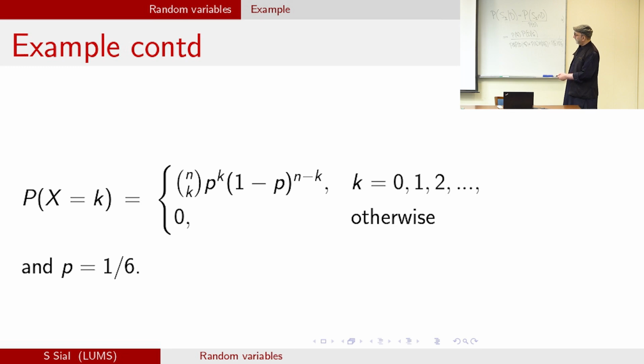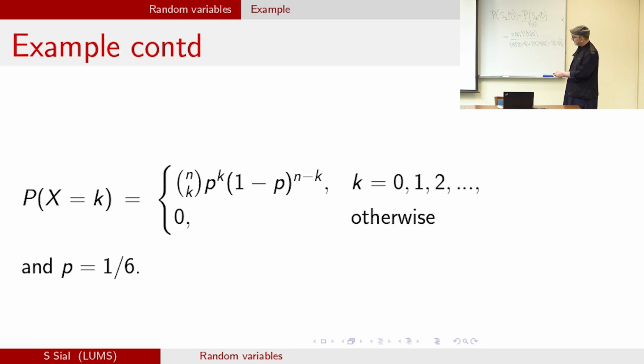Okay? K can take values 0, 1, 2, up to 100. So for a given K, taking those integer values, the result is n choose K, where n is 100, p to the K, (1 minus p) to the 100 minus K. The probability that X takes any value except 0, 1, 2, 3 up to 100, for example the value pi, is 0.